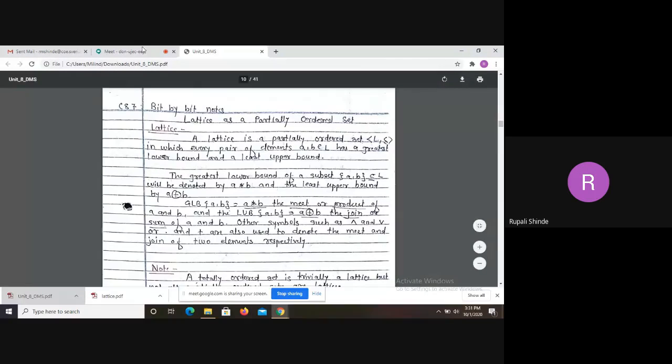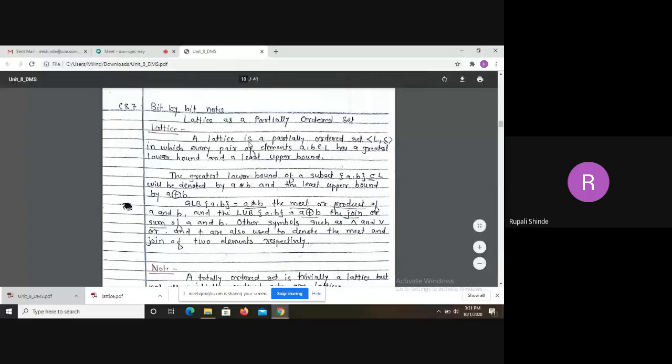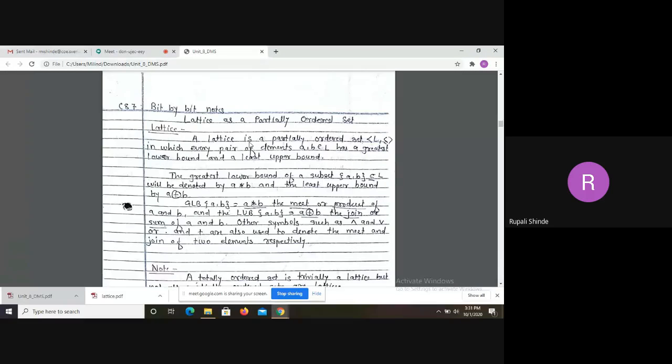So before that, just tell me what is partially ordered relation. POR, partially ordered relation. What properties should it satisfy? We have seen equivalence relation must satisfy properties RST, that is reflexive, symmetric, and transitive. So likewise, partially ordered set, that is coset, must satisfy three properties.